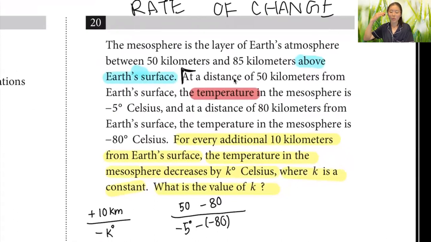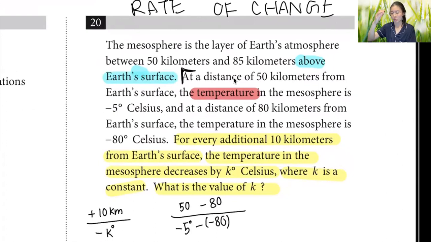The reason we're trying to get the rate of change is so that we know the value for every additional 10 kilometers. If we want to know the change for every additional something, we need to know how much the line changes for each kilometer or for each Celsius.